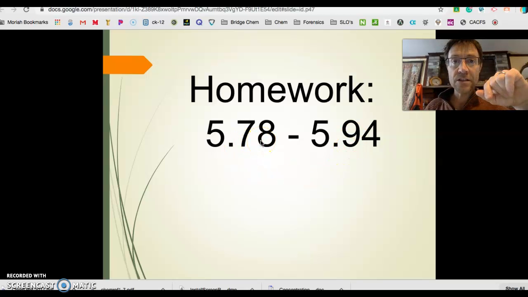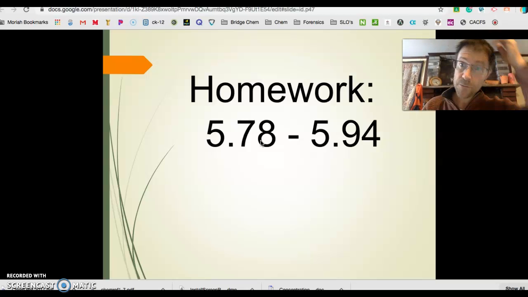What I want you all to do is write this stuff out by hand in your notebook, just like you did every other time. But take a picture of it and upload it to the homework assignment. Super easy. You can just hand in the homework assignment, attach the photo, and you're done. Got it? That way I can look at it, grade it, and make comments. It'll all be spectacular, and you're going to love it.